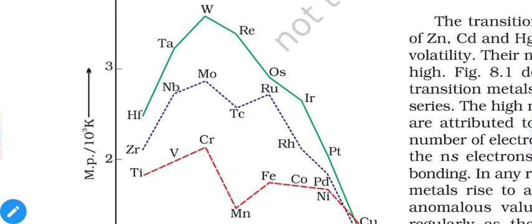So usually an initial rise in melting point will be observed as we move from left to right in the series, and then as we cross d5, the number of unpaired electrons will start decreasing, and that's why melting points also decrease, with the exception of Tc and Mn.